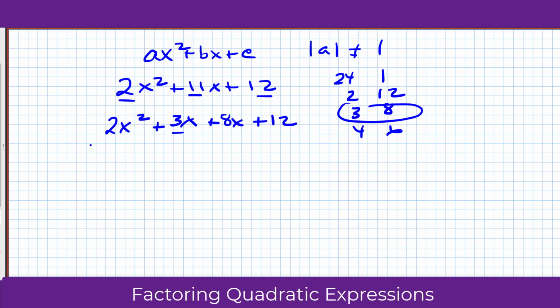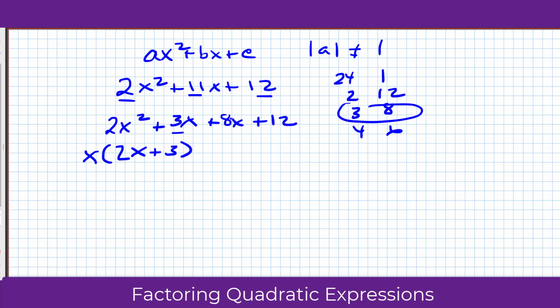We're going to find the common factor for the first 2 terms. For 2x squared and 3x, we don't have a common number factor, but x is the common factor. That leaves us 2x plus 3.